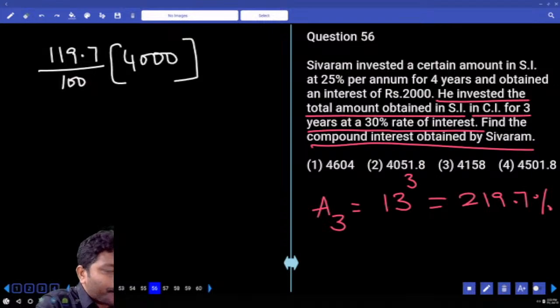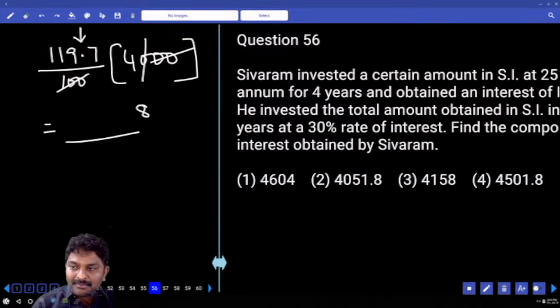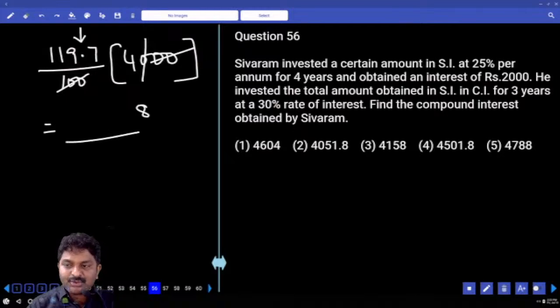Is it clear? Right. 2 zeros gets cancelled. One more zero and you can cancel this decimal also. So answer is, in your answer, do you get integer or a decimal? And ends with? How many options are there? Yes, 2 options are there.